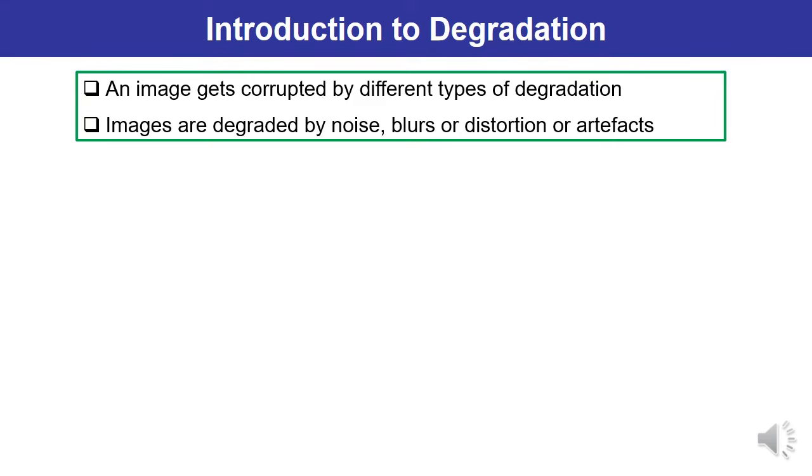So an image gets corrupted by different types of degradation, and these degradations are noise, blur or distortion. Distortion is also known as artifacts. What is the characteristic of noise? Noise is a kind of disturbance, and in image processing, noise causes fluctuations in pixel values.